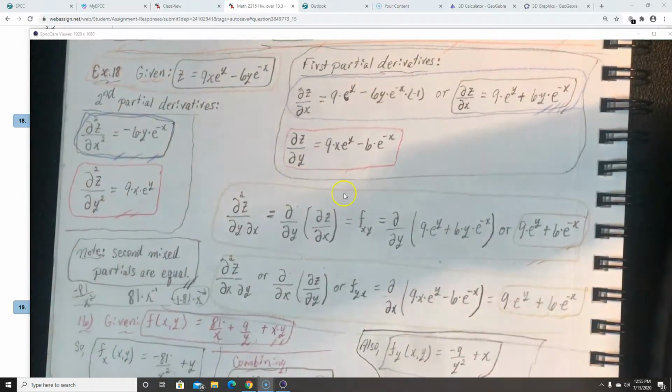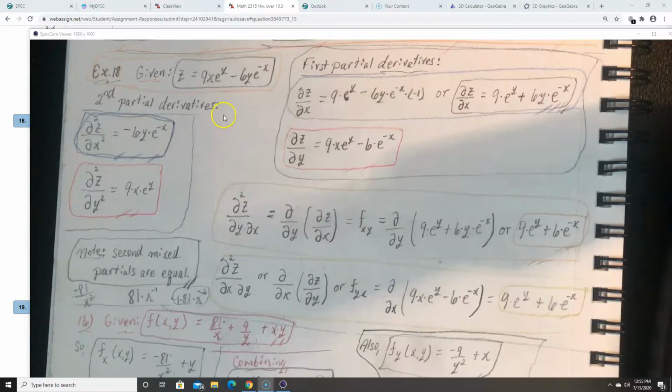These are the first partial derivatives with respect to x and with respect to y, of z, by the way. So what would be the next order of partial derivatives would be the second partial derivative.